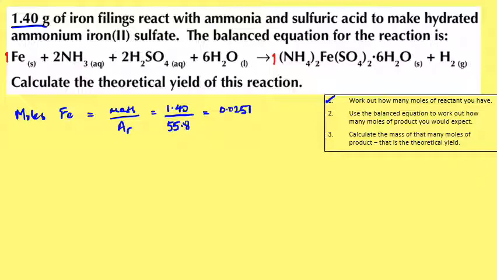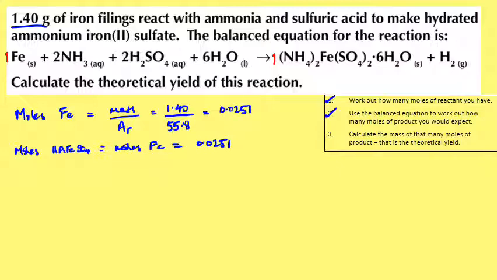So the number of moles of hydrated ammonium iron sulfate is the same as the moles of iron, which is 0.0251. So that is step number 2 done.